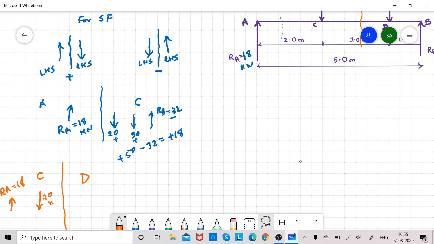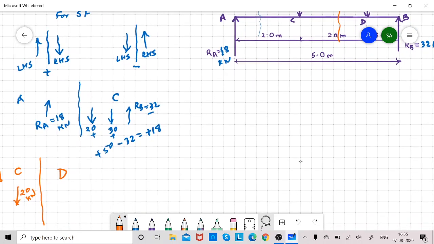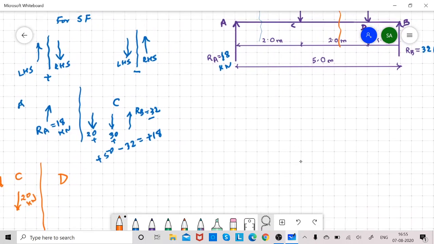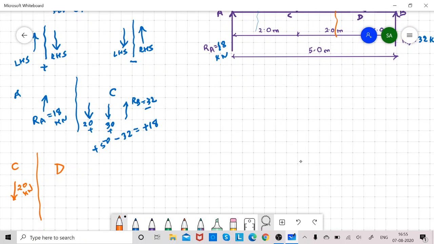That is the load acting at C. Remember we are considering the section between C and D. And on the right hand side of D there is a downward load of 30 kilonewton and reaction at B, RB, which is 32 kilonewton.